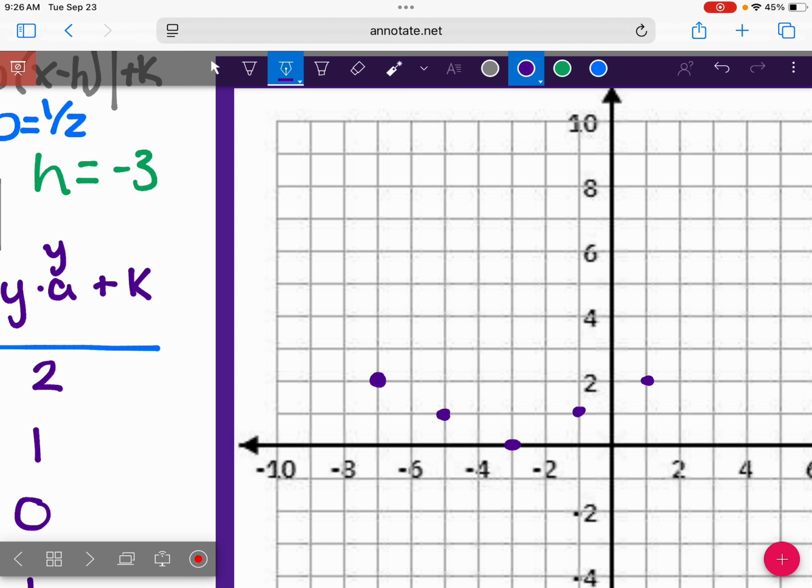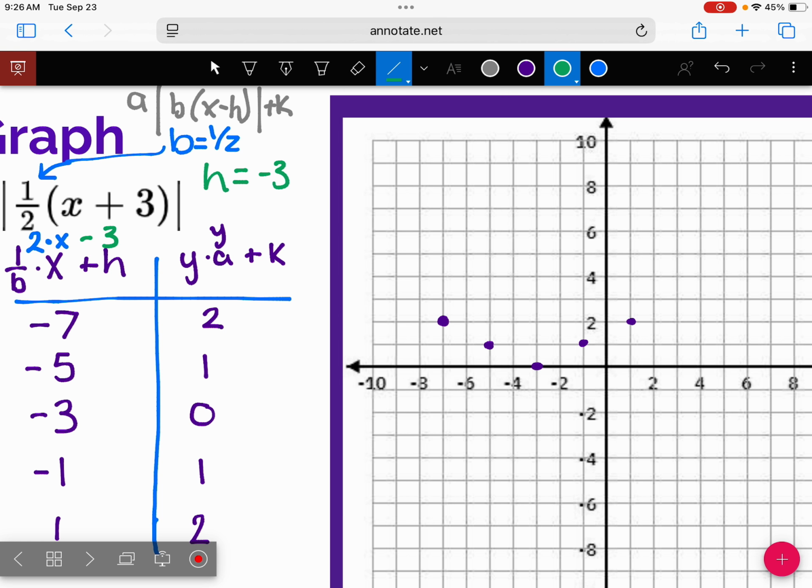And 1, 2. And our absolute value should look like this. And we can really see that horizontal stretch here, how it's been taken and stretched sideways. Our B was small, which means it's going to stretch sideways.